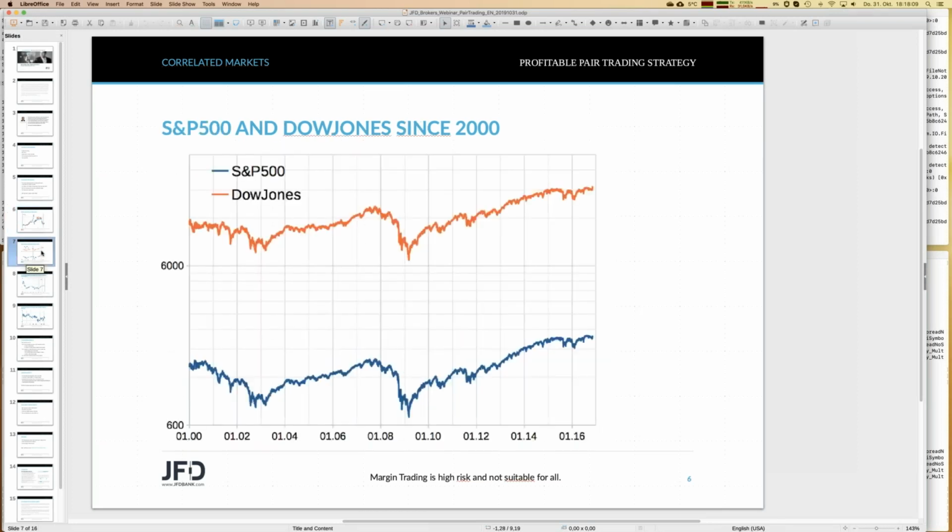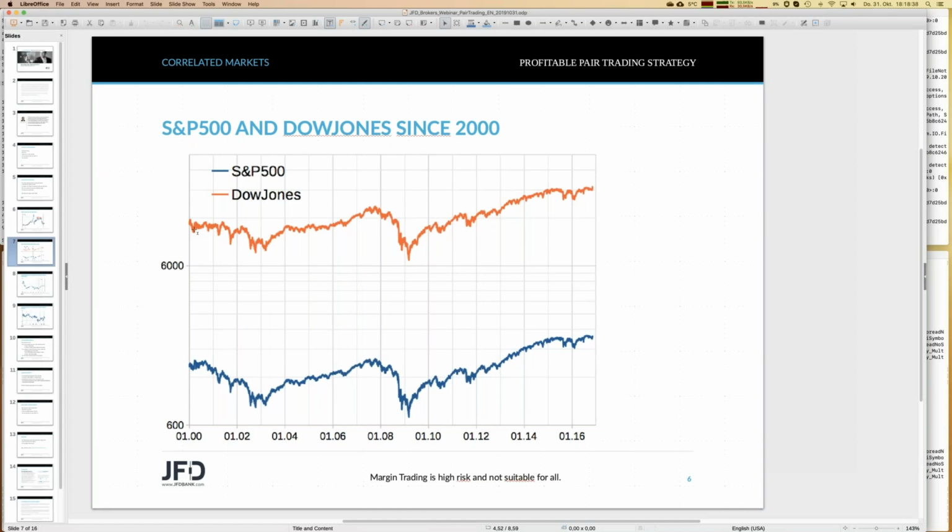Just another example. You see here in that chart the S&P 500 and the Dow Jones since 2000, for about 17 years. Besides that, we have a huge offset between the two, and that's one of the reasons why I used a logarithmic scale on the y-axis here.